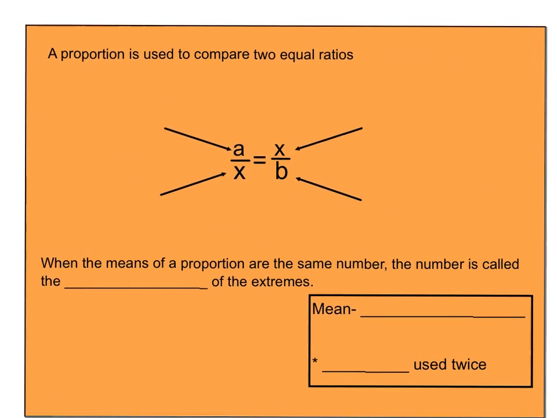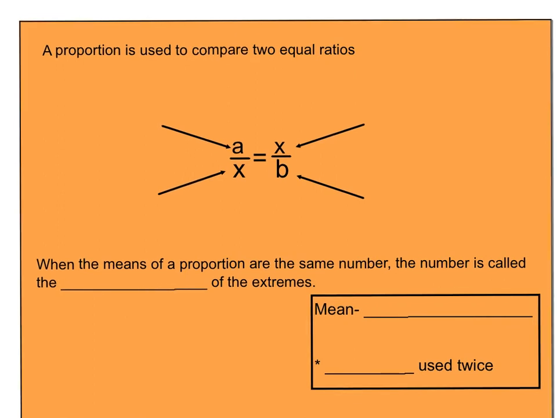Now this is a little bit of review from the end of Geometry A. A proportion compares two equal ratios. This is a over x and then x over b.